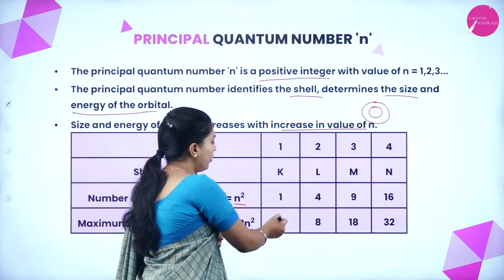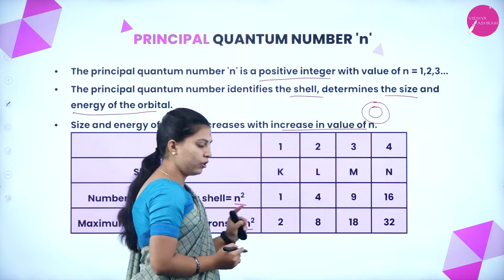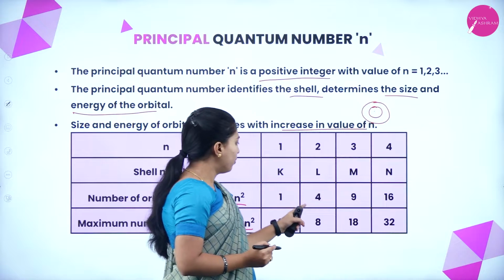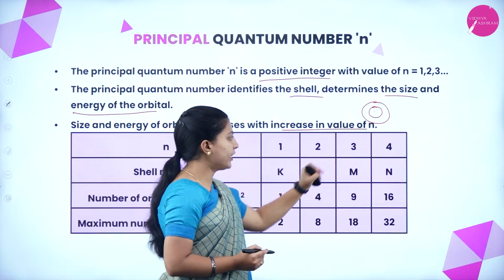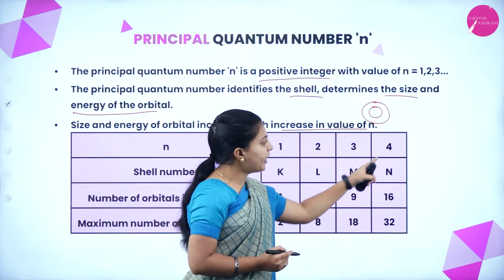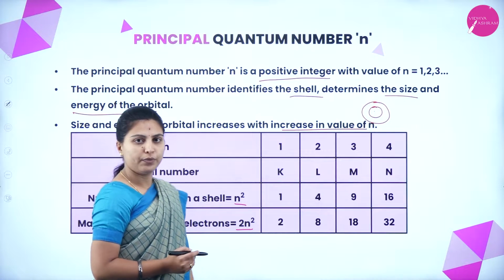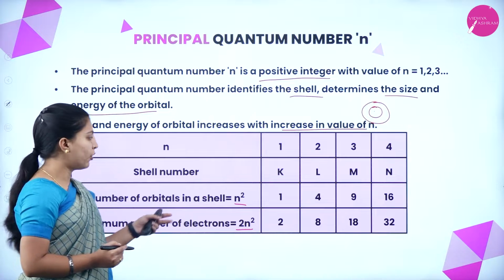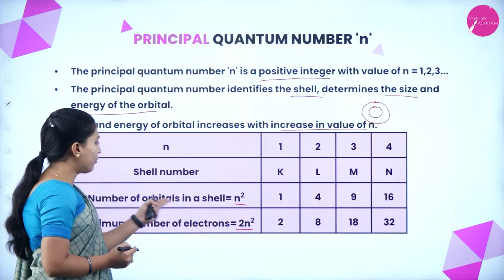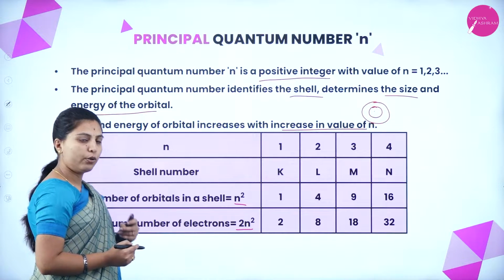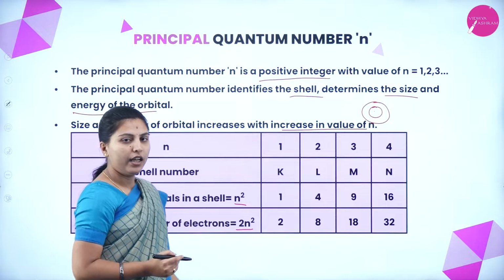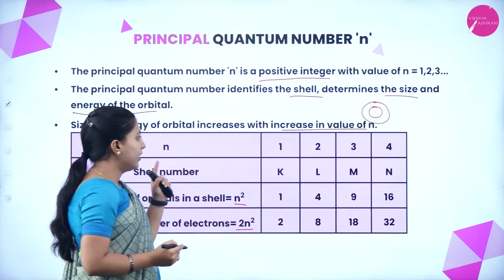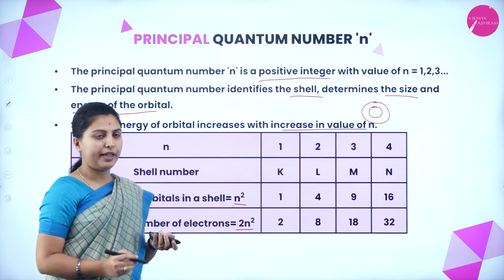See here, 2 into 1 square is 2 only. 2 into 2 square is 8. 2 into 3 square is 18. 2 into 4 square is 32. This is the principal quantum number. How many orbitals in a shell and how many maximum electrons can be accommodated, like that we have explained.